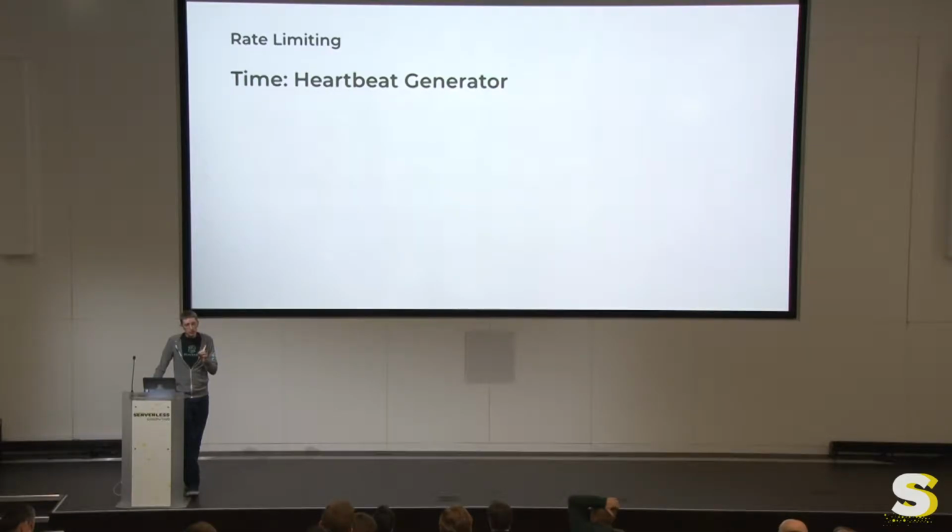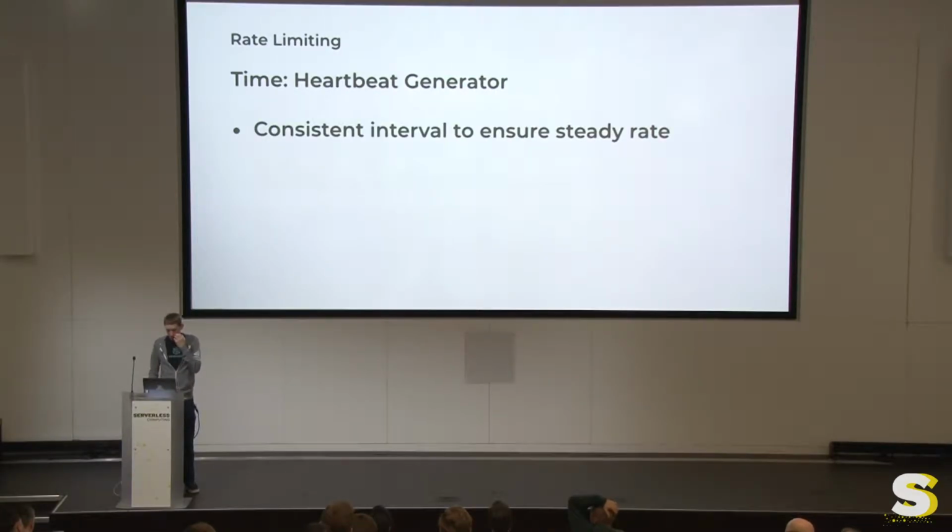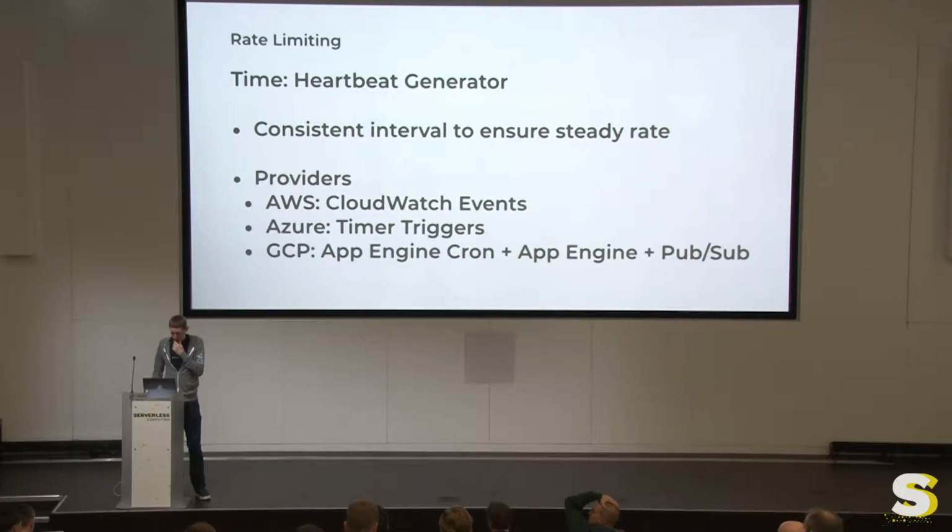On the time component, we need a heartbeat generator, something that is going to cause a series of actions at a steady interval of time. All of the cloud providers have some mechanism for doing this: AWS CloudWatch Events, Azure has timer triggers.